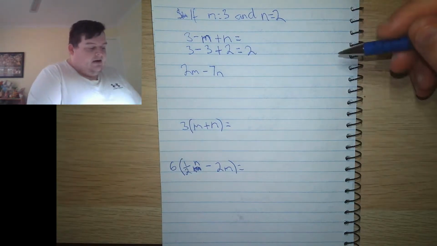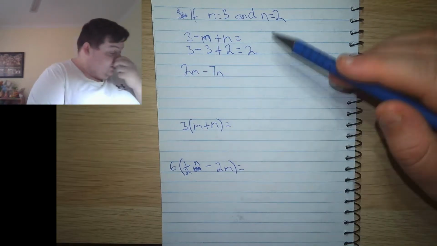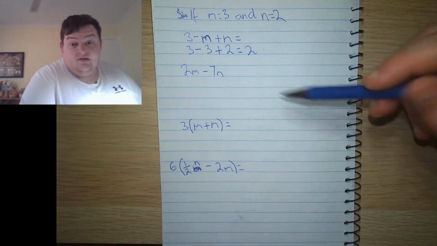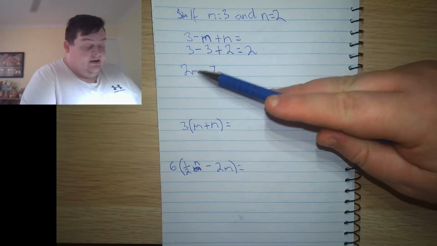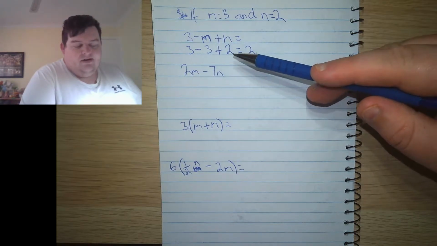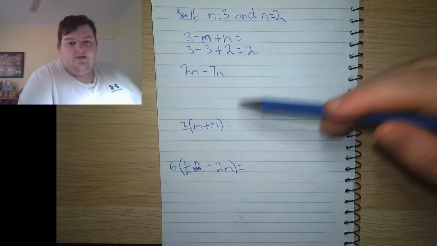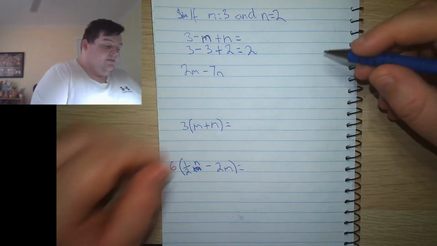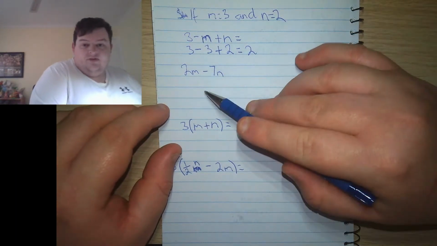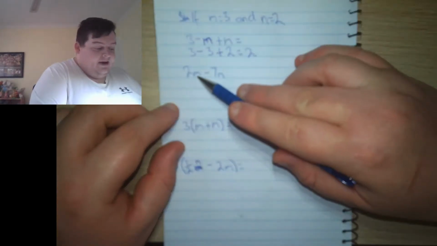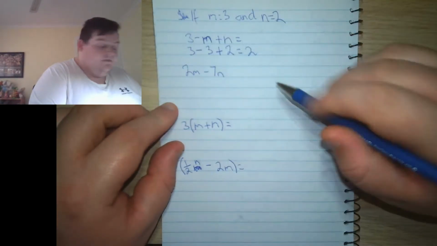Now, in the second question, keep in mind that when there's a coefficient in front of a letter, like 2m, that means 2 times m. So again, I'm just going to swap in these values, m equals 3, n equals 2.